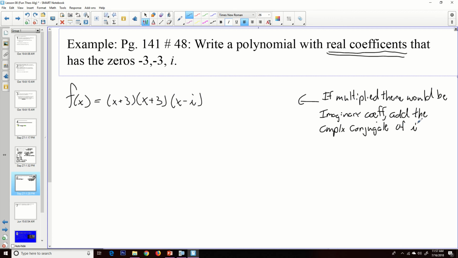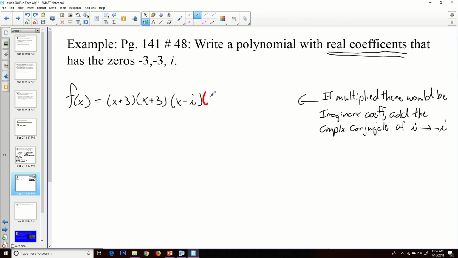Of i. And the complex conjugate of i would be -i. And so I'm going to put it in red here, we're going to add x plus i. And so if i is the zero, x minus i is the factor, and if -i is the zero, then x plus i will be the factor.